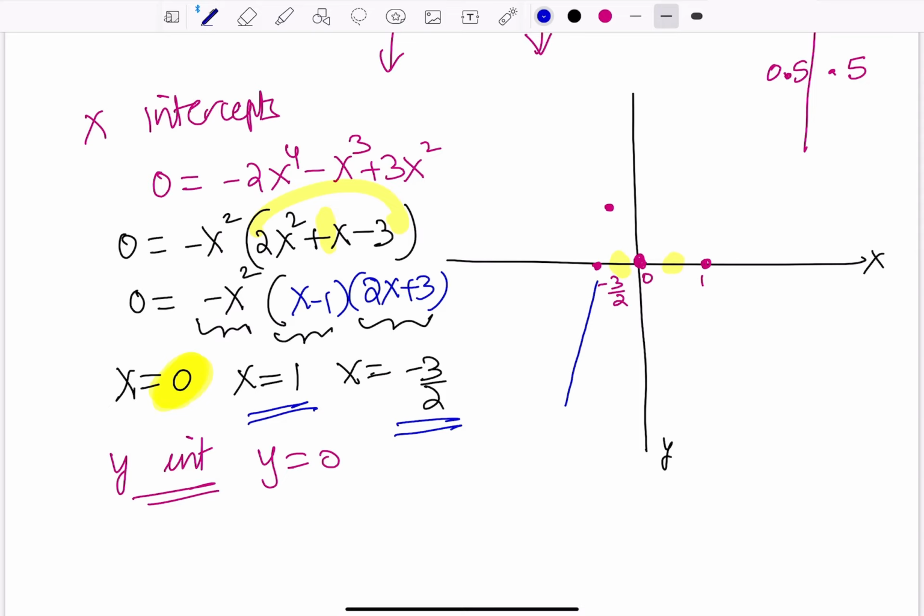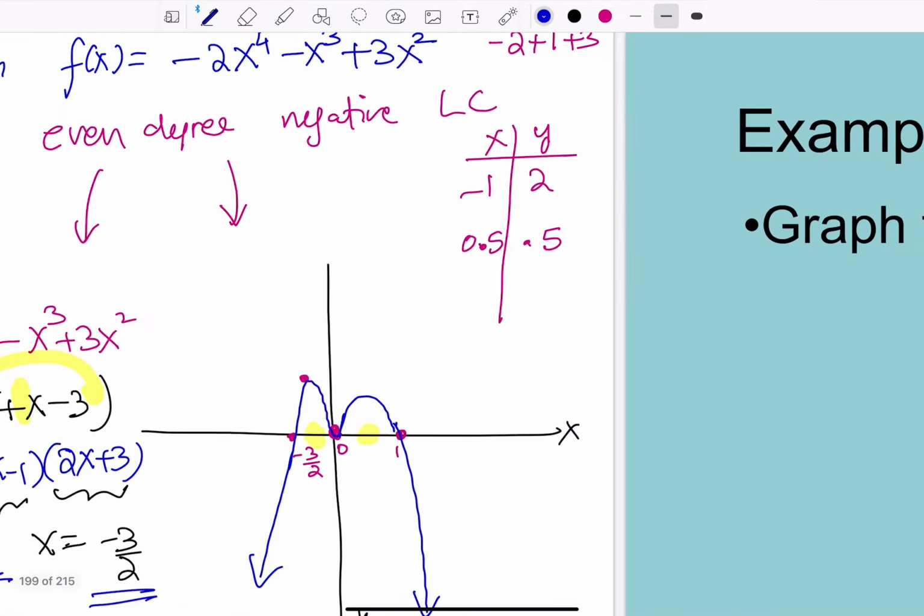But at point 0, it's going to touch and bounce back. That's how my graph is going to look. Again, it's really an estimate and not the exact shape, because I should pick more points to know the exact shape, but that's just a sketch of the graph.